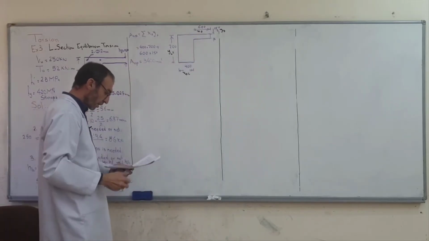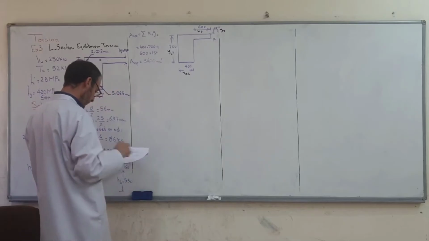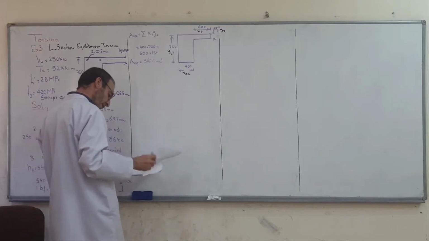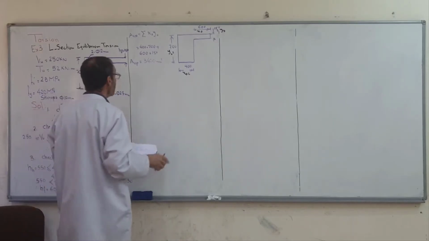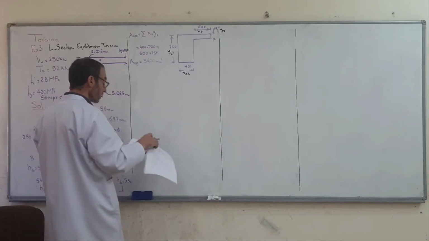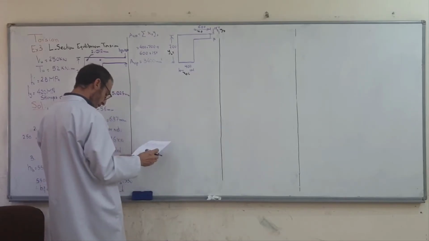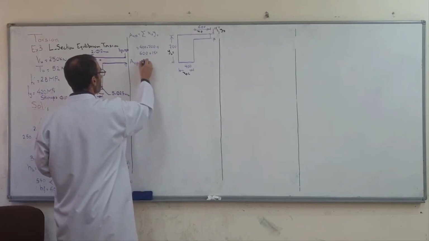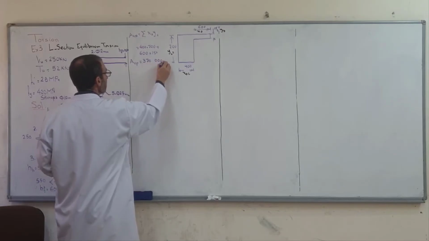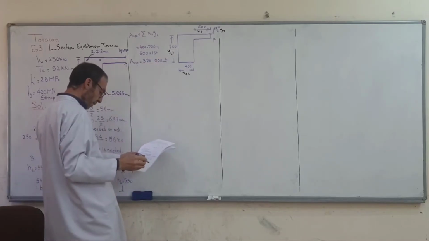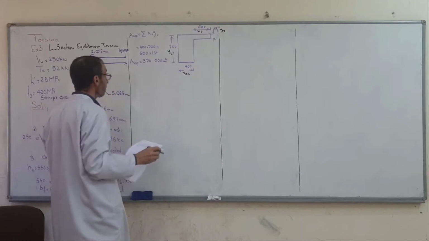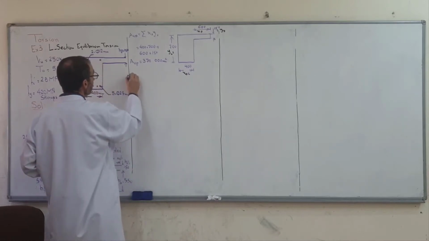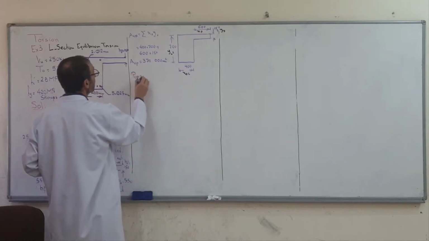Now I try to find Acp and Pcp. This number is correct: Acp is equal to 370,000 square millimeters. Now in Pcp we have some error.